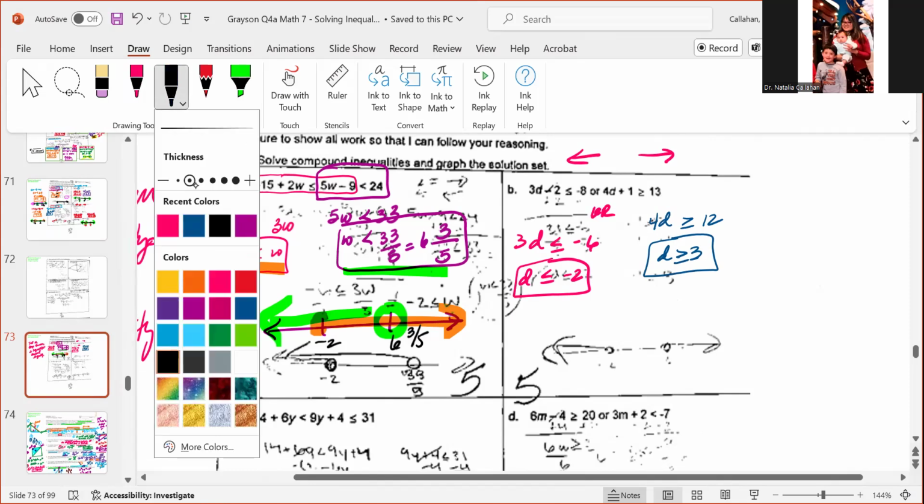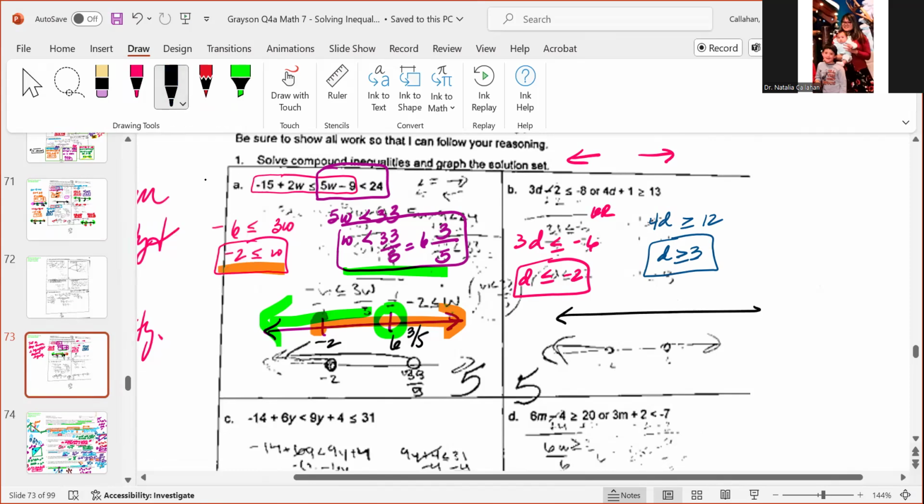When you're done with that, make sure you draw your inequality. You should have a negative 2 on the left, positive 3 on the right. At the negative 2, it's a closed circle going to the left. At the positive 3, closed circle going to the right. And it is or because they're going in opposite directions.